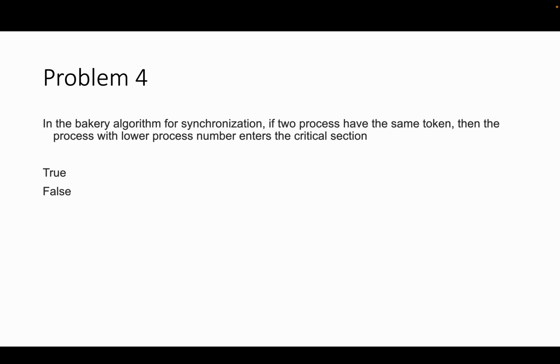So the bakery algorithm gives a token to every process, and the process which has the smallest token value is allowed to enter the critical section. In case two processes have been given the same token, then to break the tie, their process IDs are compared, and in any system it is ensured that the process numbers are always unique.